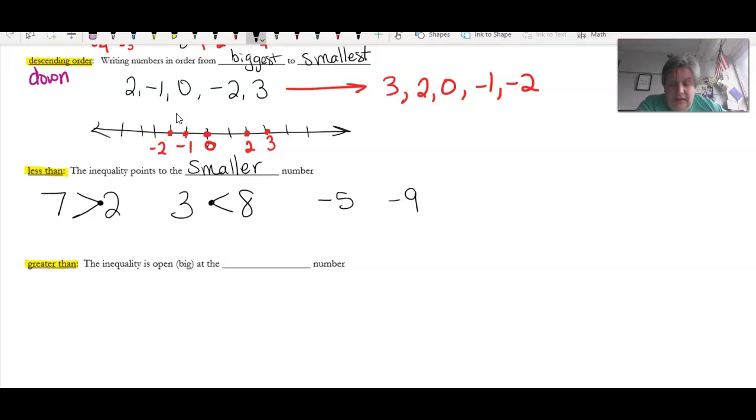Well, -5 is here, -9 is way down there. So the smaller number is actually -9, so I point to the smaller number. So you always want to point to the smaller number, okay?